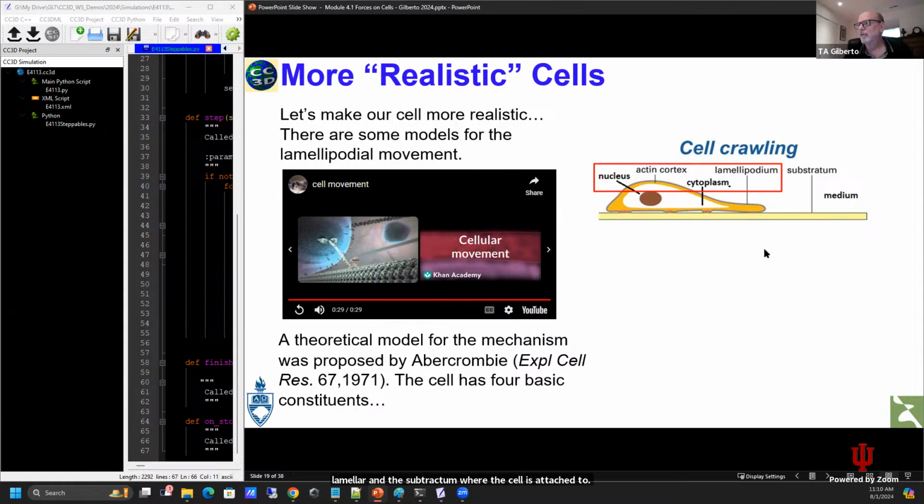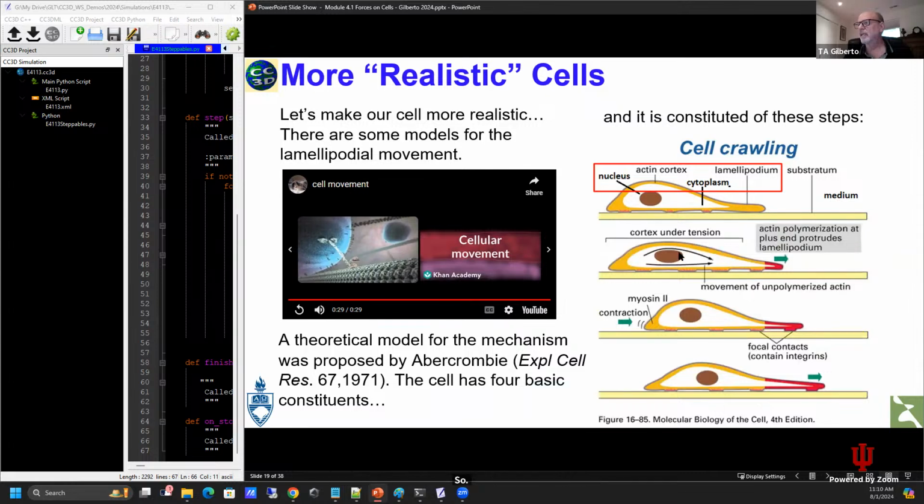There is a tension in the cell cortex, and at the tip of the cell it protrudes with the formation of fibers from actin monomers.